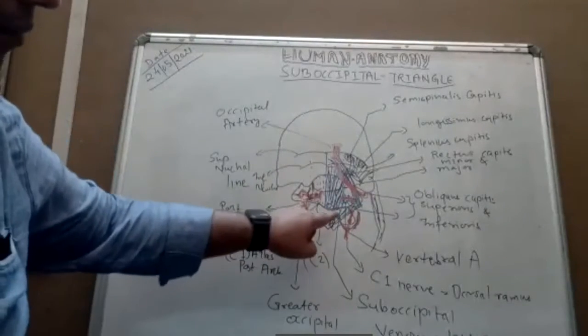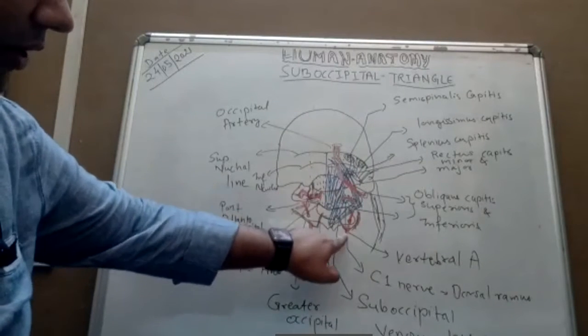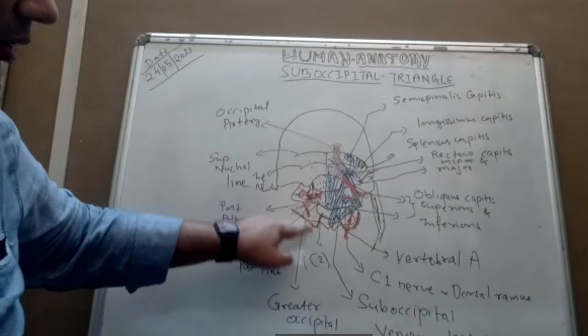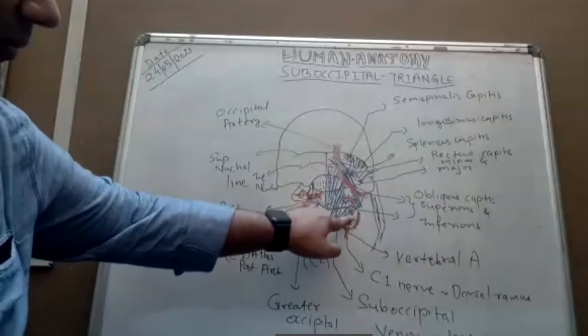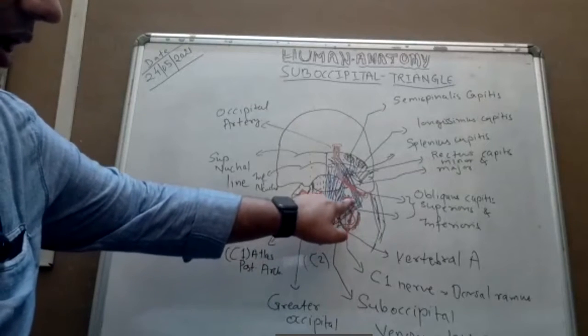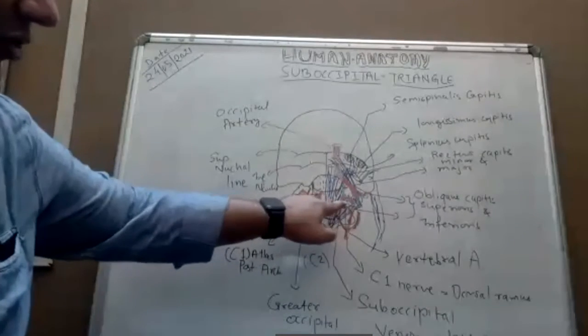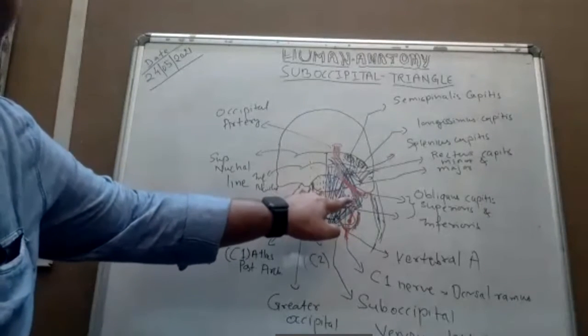Simply. Now the contents. The contents are the vertebral artery. That is the vertebral artery you can see. Through the transverse foramina of the cervical vertebra, this is passing above, and that is the second part of the vertebral artery. And from the foramen of the first cervical vertebra, it is coming out in the triangle.